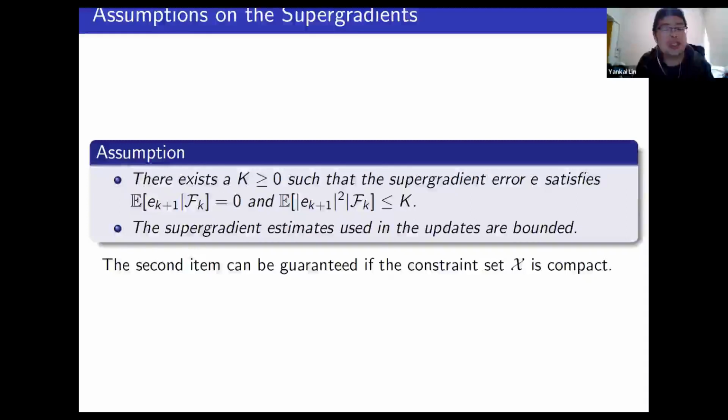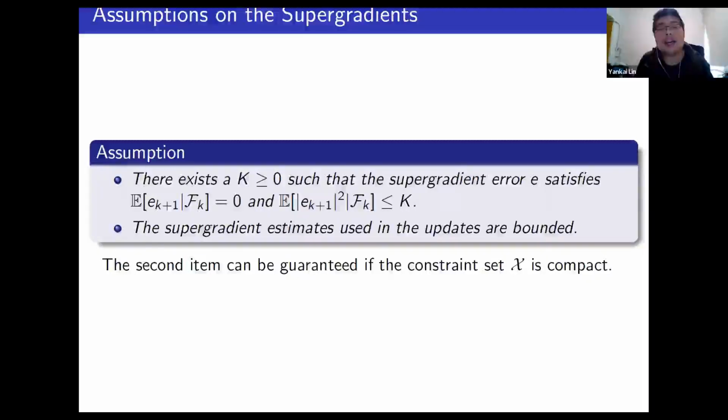Since the supergradients we'll be using come from minimizing the individual Lagrangians over the constraint set X, if you're lucky to have a compact constraint set X, then this second item of the assumption is guaranteed to be satisfied.